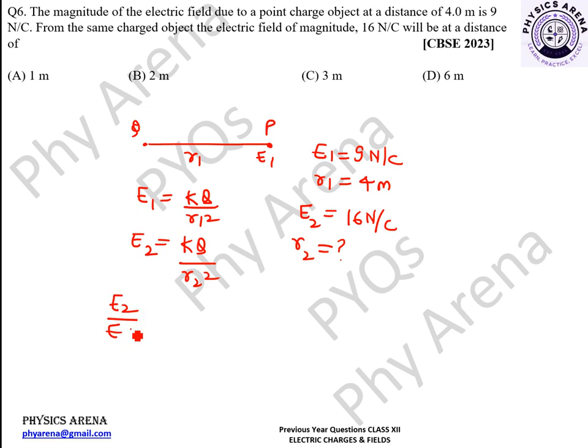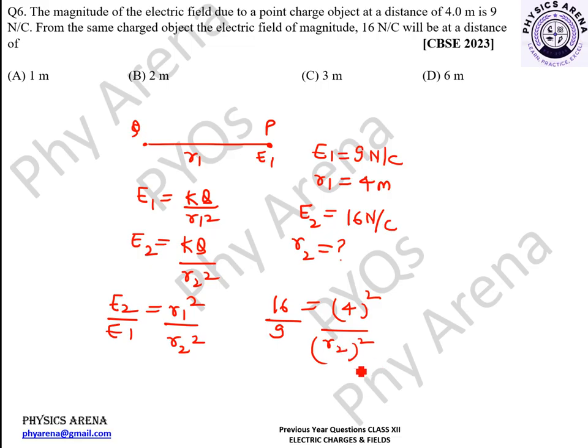So let's take the ratio of these two electric fields. E2 ratio E1 will be R1 square divided by R2 square. So when we divide these two equations, we are left with this. All other things will be cancelled out. Now let's put the values. E2 is 16, E1 is 9, R1 square is 4 square, and R2 square we don't know.